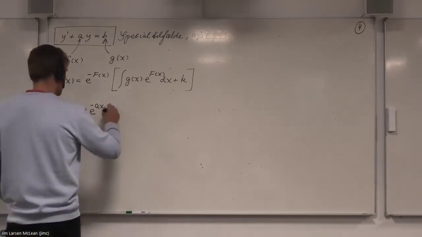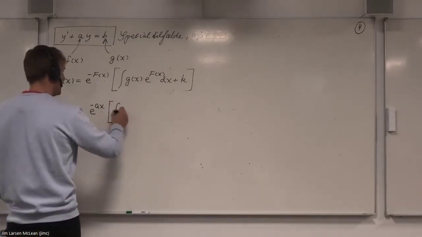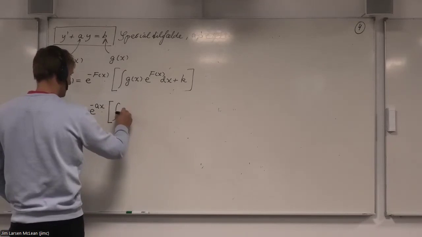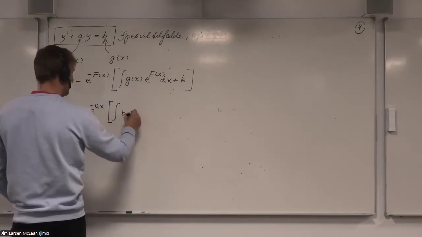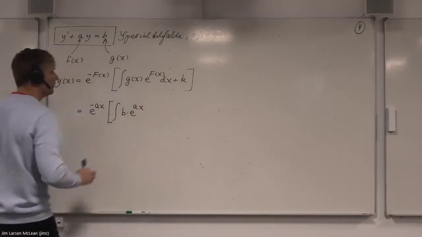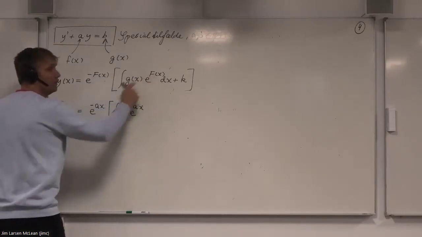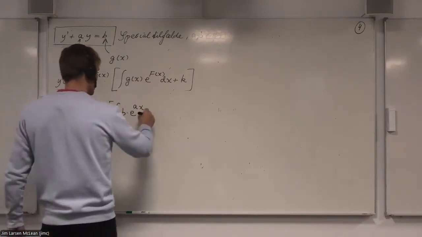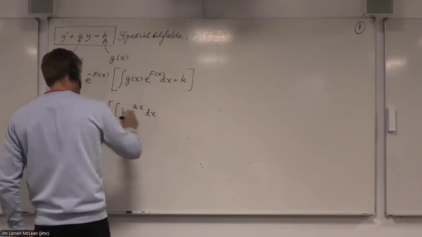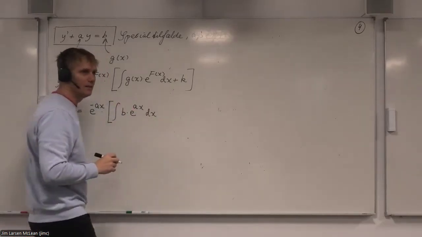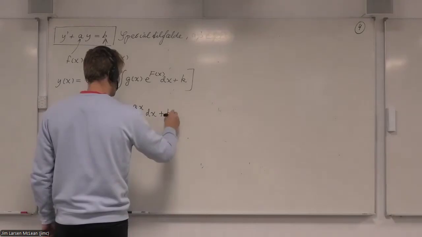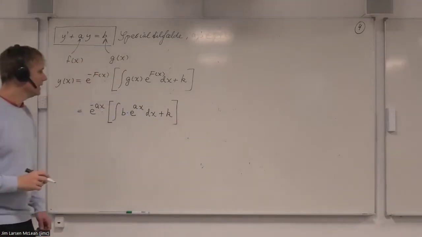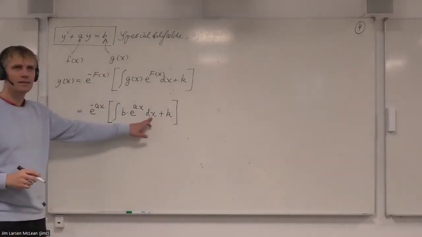And then we multiply by the parenthesis, the integral of g, but g was b, so b times e to the power of plus ax. And now you just need to remember dx, because integrals always end with the symbol dx. And then plus k.